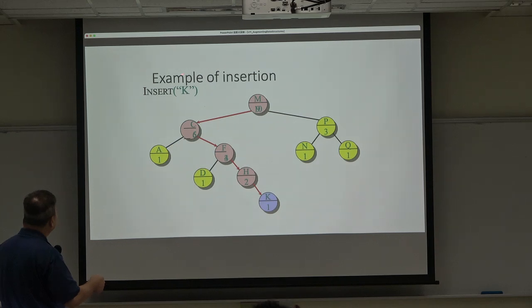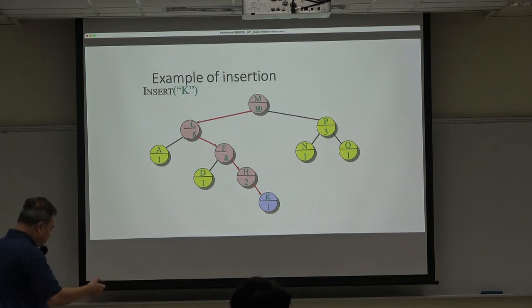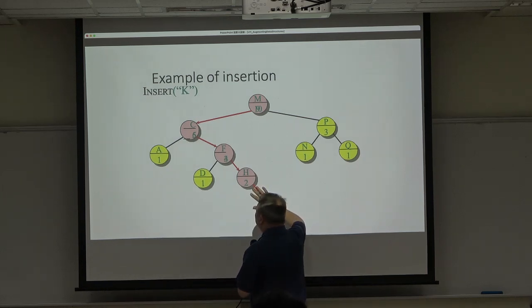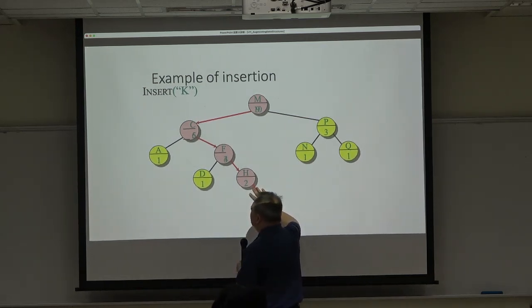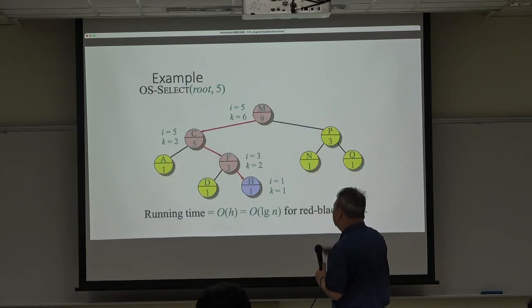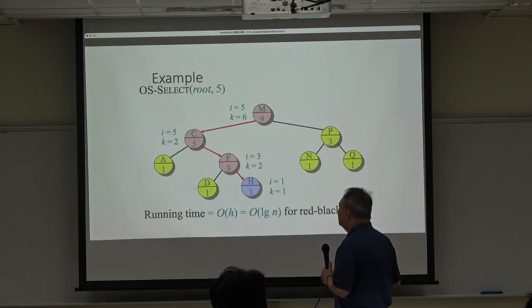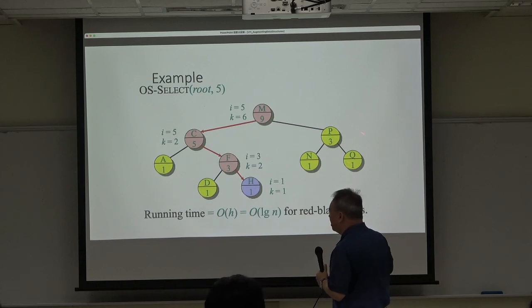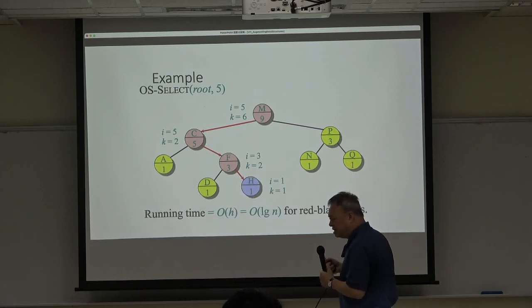For example, I'm sorry, this doesn't look good. I should have created two slides. The before the insertion tree is actually this one. So we have 9 here, we have 5 here, 3, 1, all these numbers to represent the size.